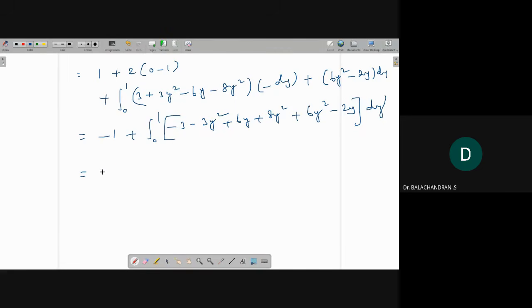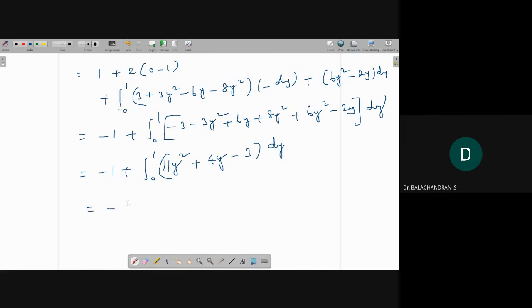So it is equal to minus 1 plus the integral from 0 to 1. So how many y square? 14 y square. Okay, 14 minus 3, 11 y square. And then 6y minus 2y is plus 4y, minus 3, into dy.